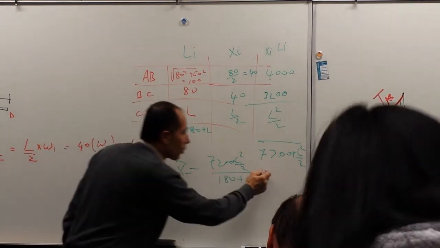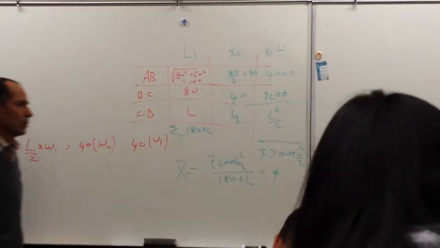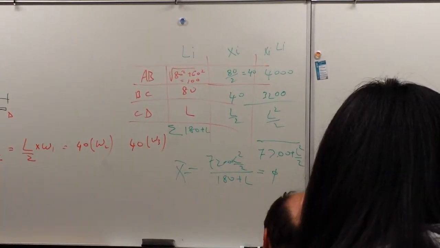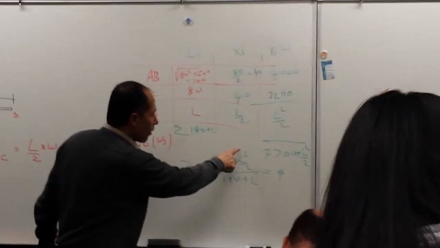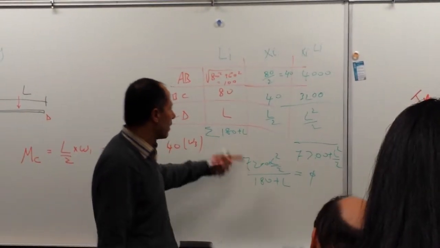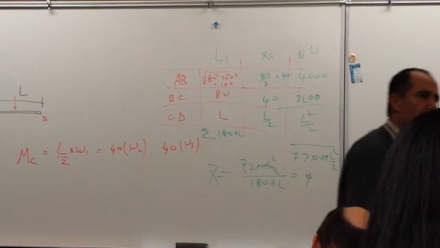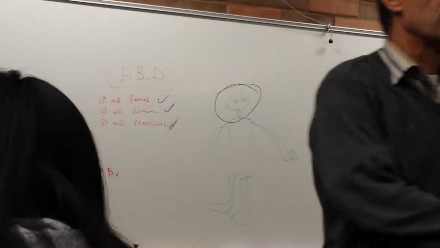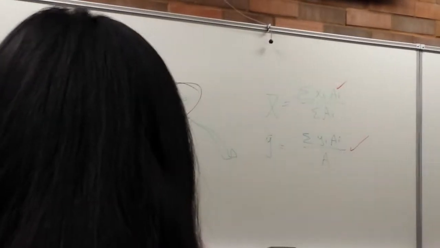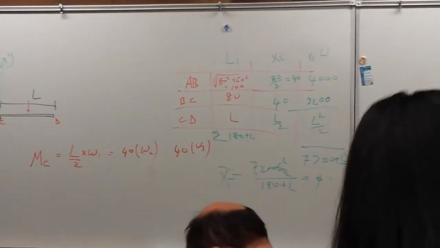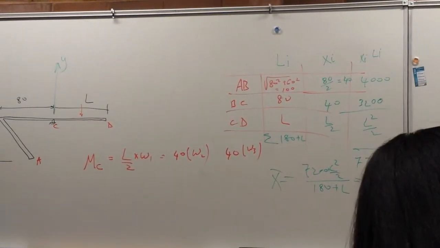And this is equal 0. Agree? If this is equal 0, then you can solve it. L with L will cancel each other and divide it to get the other L. What is L? So you have one equation here with one L. That is a way to solve it by using the centroids of the length.